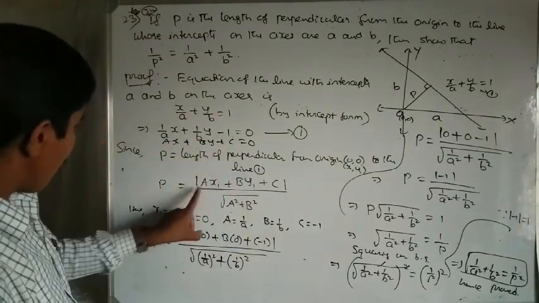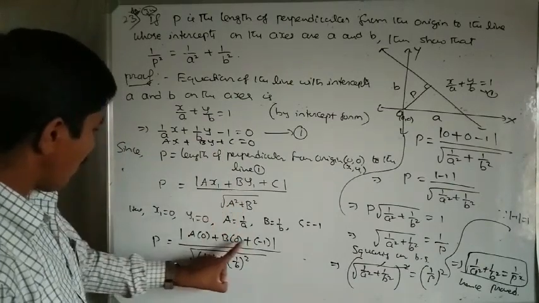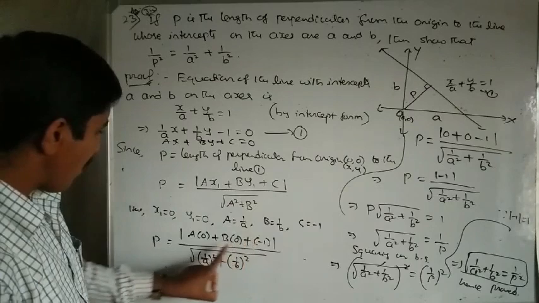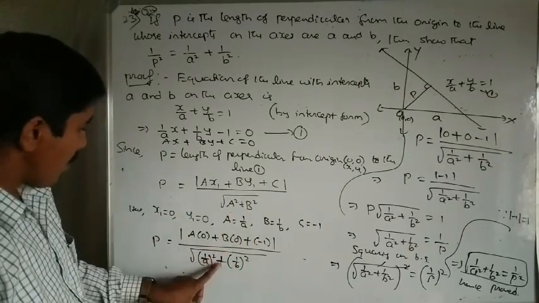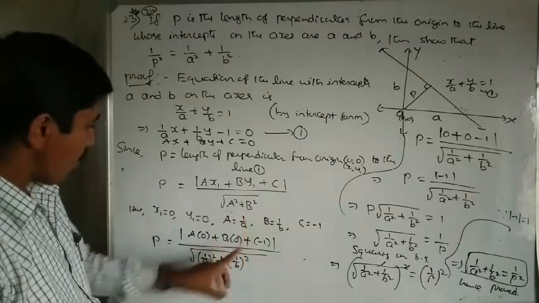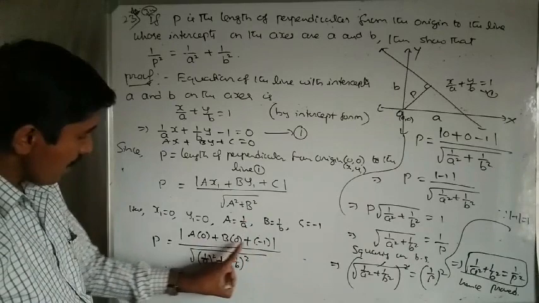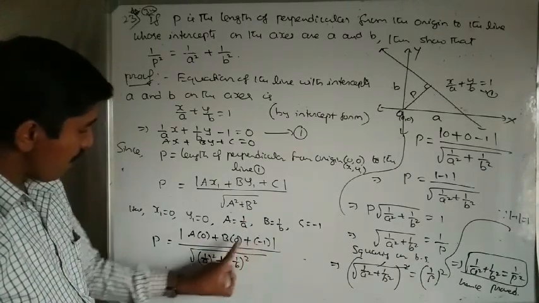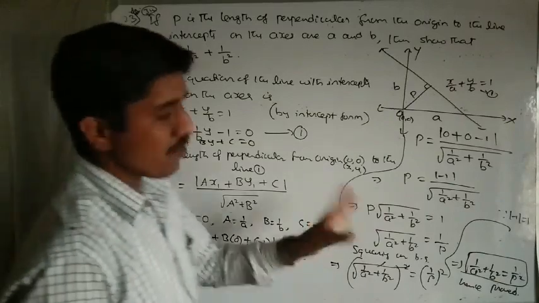P is equal to a into x1 value 0 plus b into y1 value 0 plus c value minus 1, divided by square root of (1 by a) whole square plus (1 by b) whole square, which is 0 plus 0 plus minus 1 divided by square root of 1 by a square plus 1 by b square.